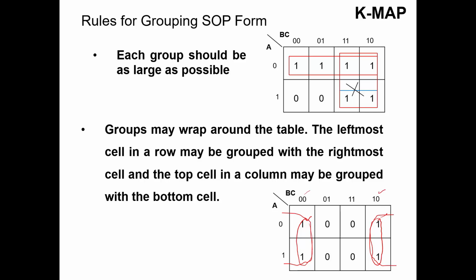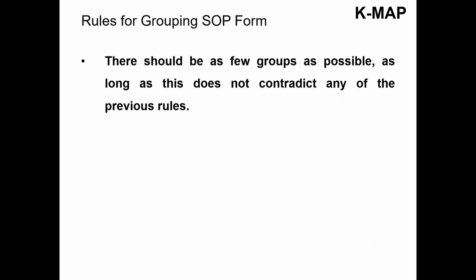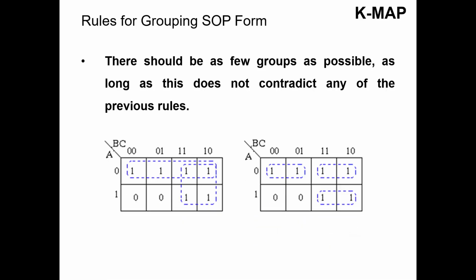This is not right. And we will have this group. There should be as few groups as possible, as long as this does not contradict any of the previous rules. We cannot group in this way. This is wrong.